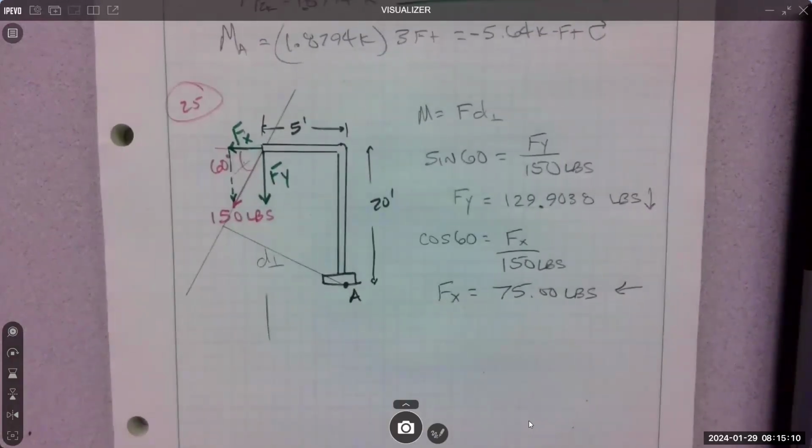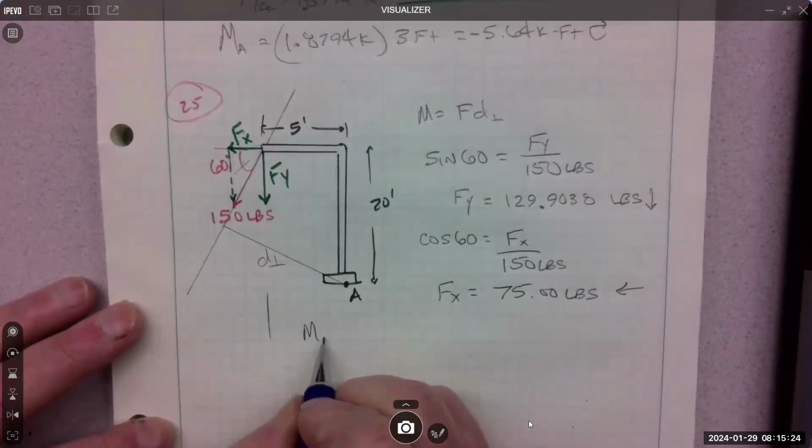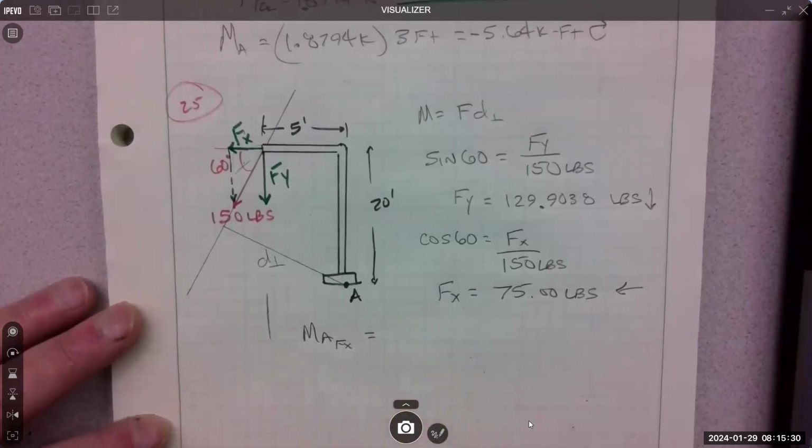So once you get the components, then you can find the moments of the individual components. So if I'm doing the moment at A, I'll do the Fx force first.